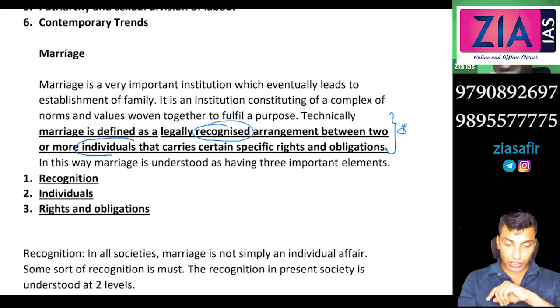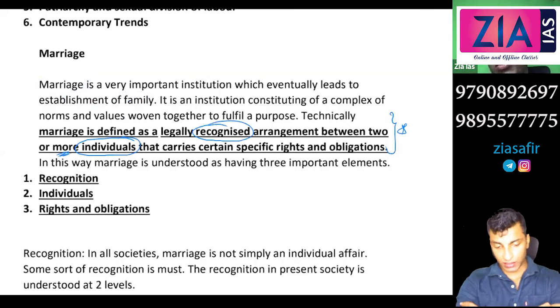So two individuals, or it can be more also. In case of polygamous marriage it is more. In case of monogamous marriage it is two, and it can be same sex, it can be opposite sex. When we talk about the individual, two individuals can be of the same sex, gay parent family, or generally it is the opposite sex.